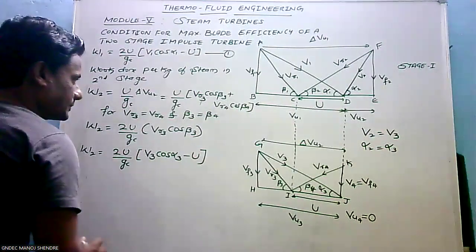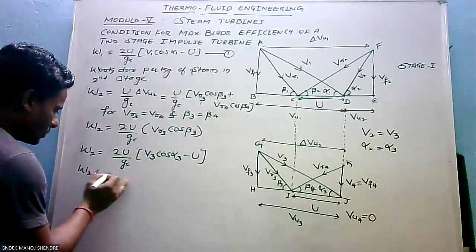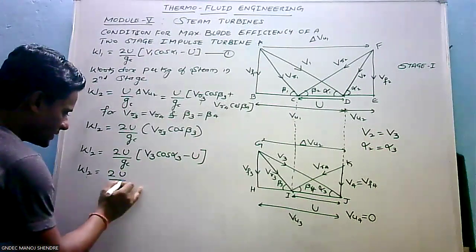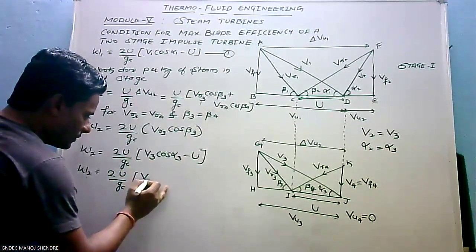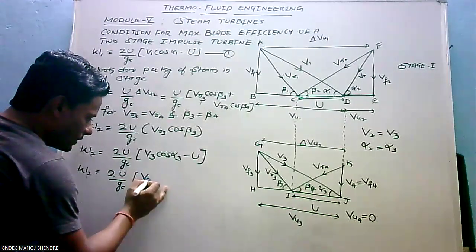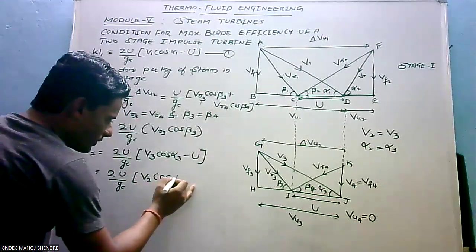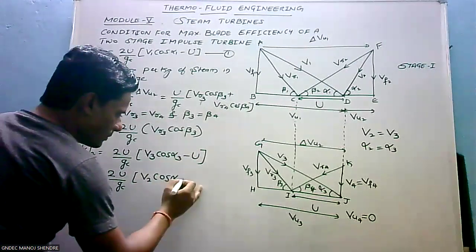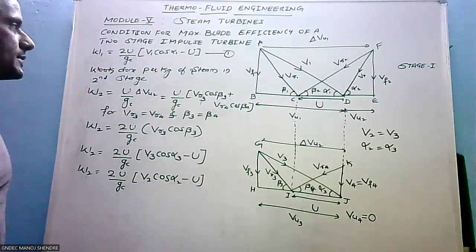Okay, look at the board carefully. W2 equals 2 times U by GC into, let me write, V2 in place of V3 and cos alpha 2 in place of cos alpha 3 minus U as it is. Minus U as it is.